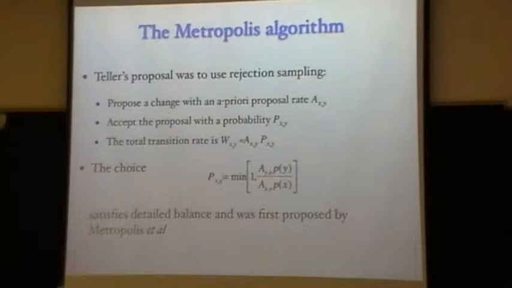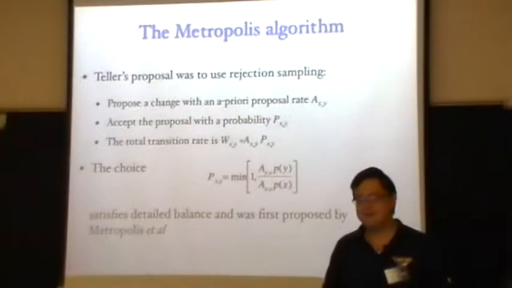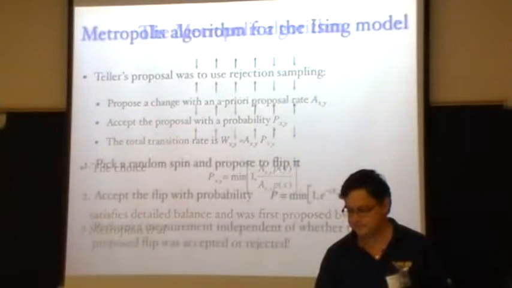So the partition function drops out. And we need to have some ergodic updates. And then it's enough that we can sample any physical system.